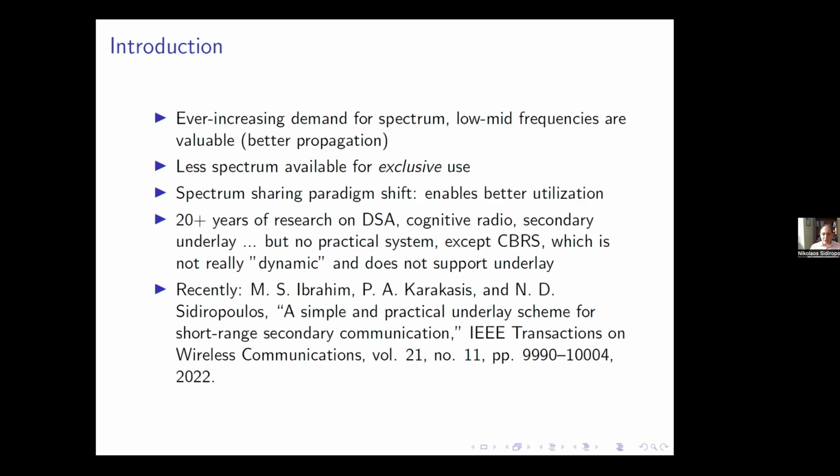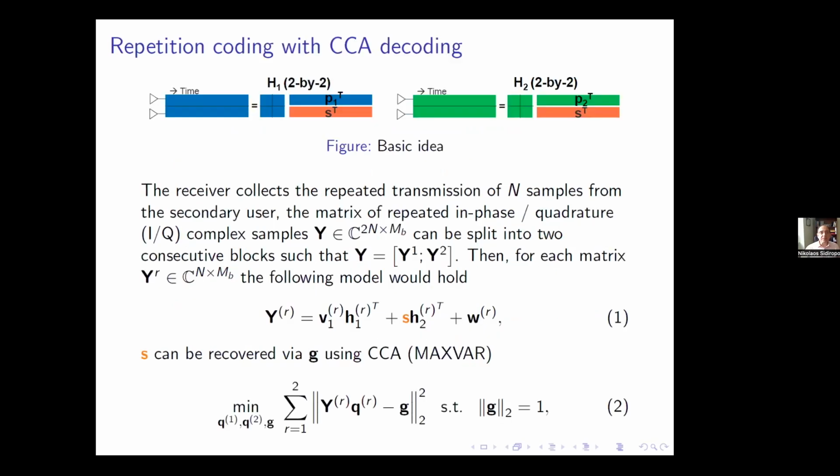And then back in 2022, together with my student Salah Ibrahim and Paris Karakassis, we came up with a very simple and practical scheme for underlay communications, for short-range underlay communications. And I would like to tell you a little bit about the basic idea in this paper, and then build upon it.